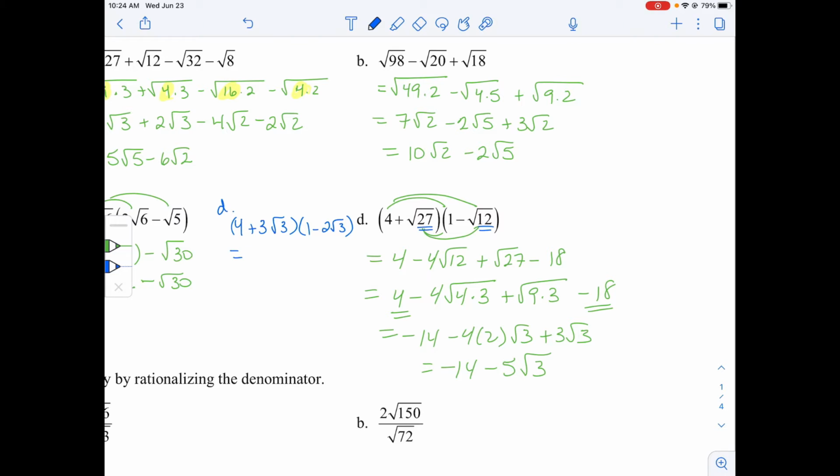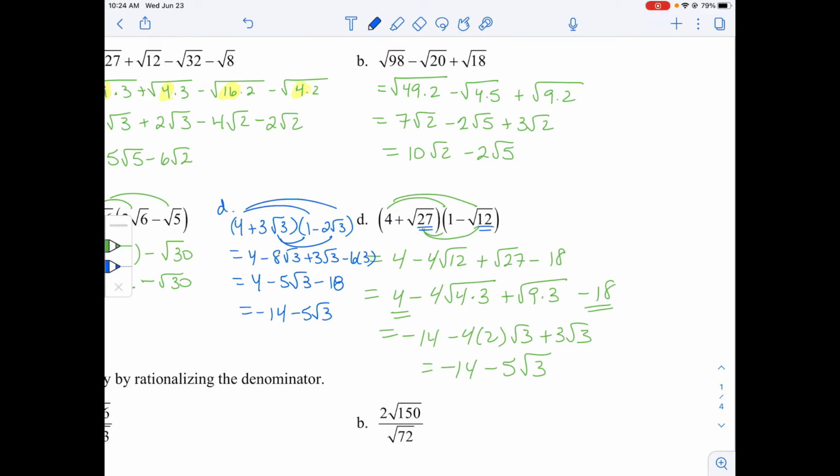We should get the same answer, 4 minus 8 root 3 plus 3 root 3 minus 6 times 3. So we get 4 minus 5 root 3, take away 18, which is of course negative 14 minus 5 root 3.